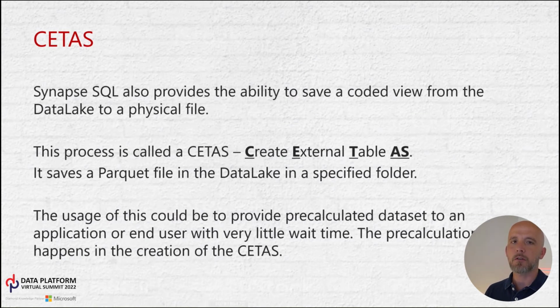It is a functionality within the Azure Synapse portal where you can read data from your coded views or directly from your files within the data lake, and then have Azure Synapse create a physical Parquet file back to the data lake with the calculated data.